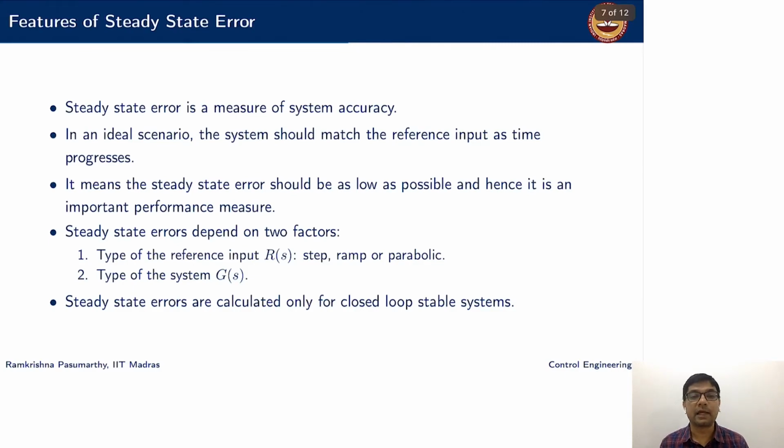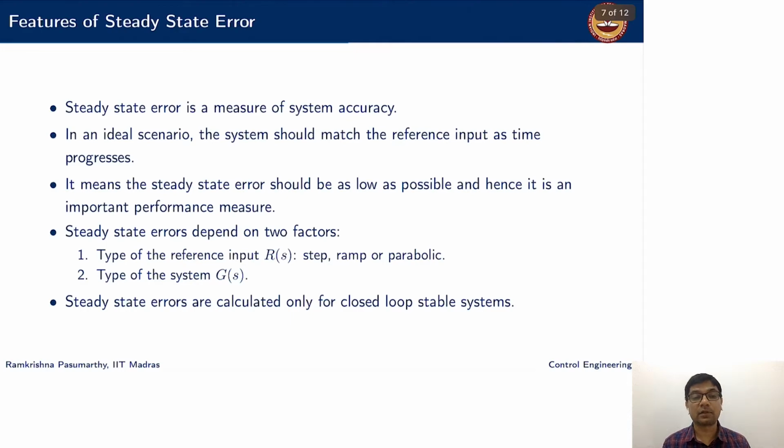In an ideal scenario, the system should match the reference input as time progresses. It means the steady state error should be zero or as low as practically possible. It may not be possible in some cases to totally eliminate the steady state error, but we can try to design a control law which will make it as low as possible.